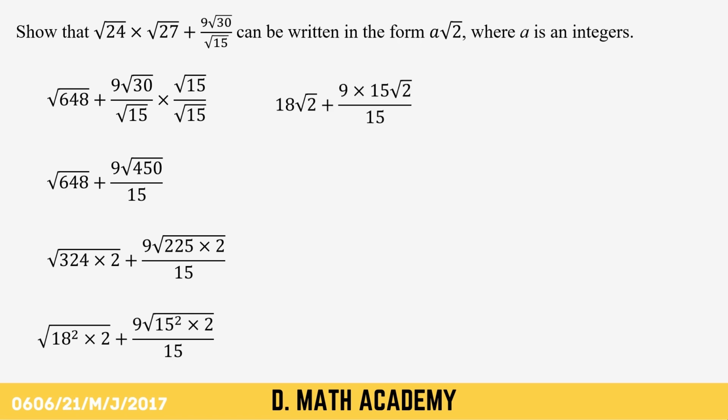So the first term can be changed into 18 square root 2, plus the one at the back is actually 15 square root 2 times 9. So 15 and 15 will automatically cancel off. So I got 18 square root 2 plus 9 square root 2. Add these two up, then you get 27 square root 2. So our A here will be 27.